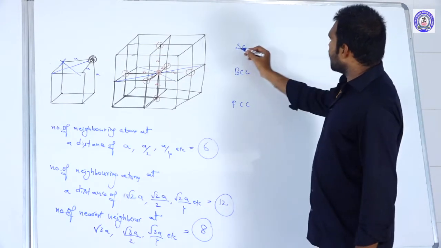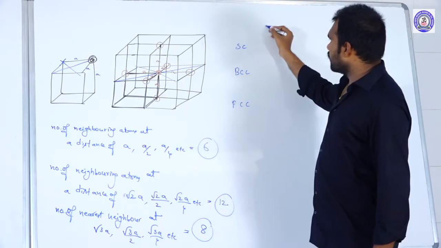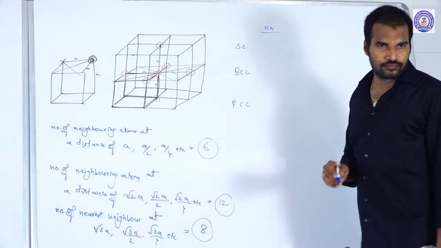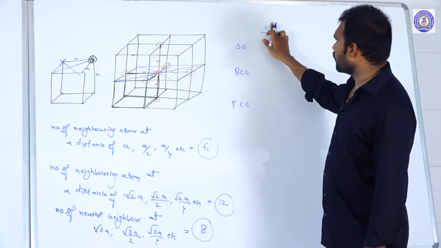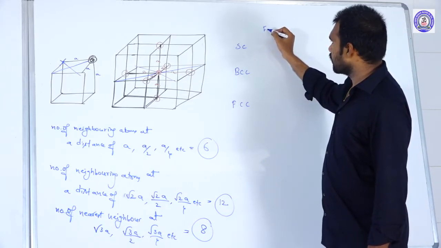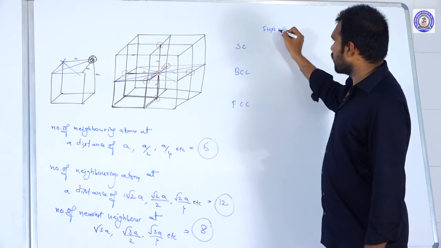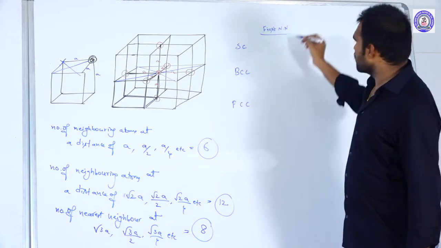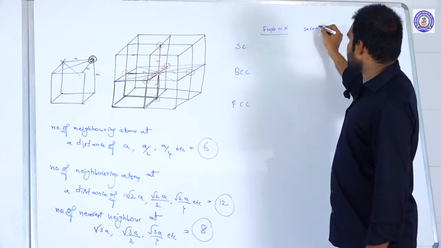So first of all, simple cubic if you take, nearest neighbors at a distance of, first nearest neighbors, and its distance. Second nearest neighbors.